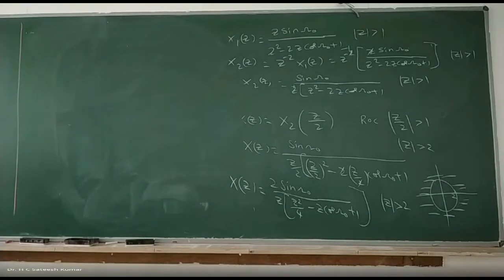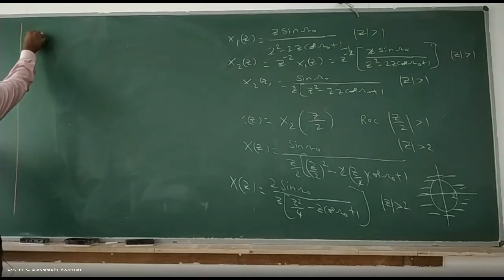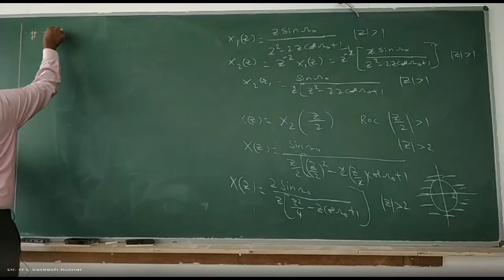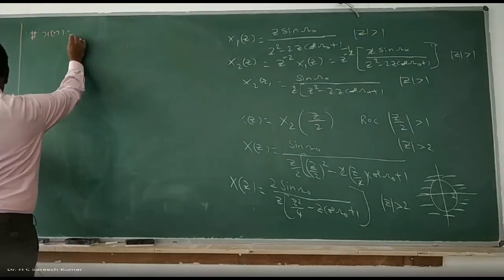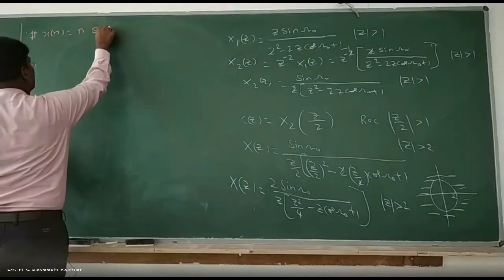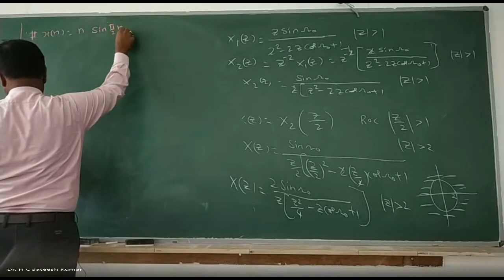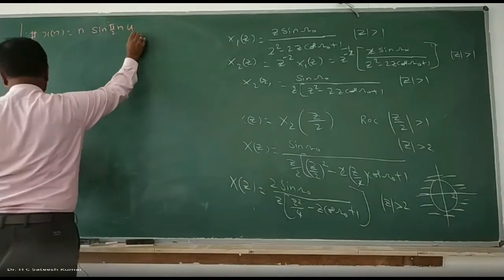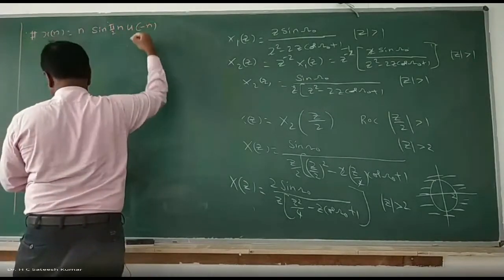Another important problem that we have seen in the examination is x of n is equal to n into sine of pi by 2 n into u of minus n. This is a very, very interesting problem.